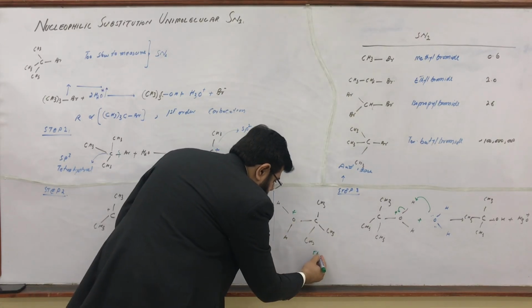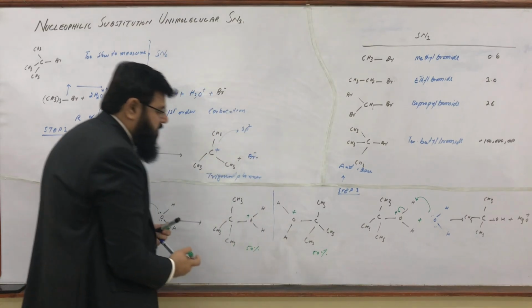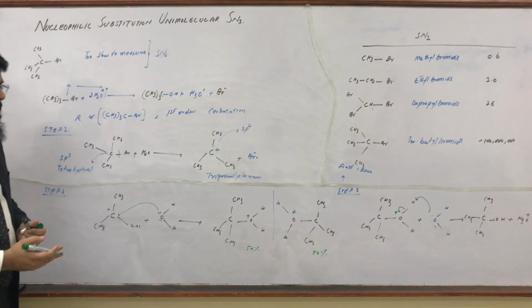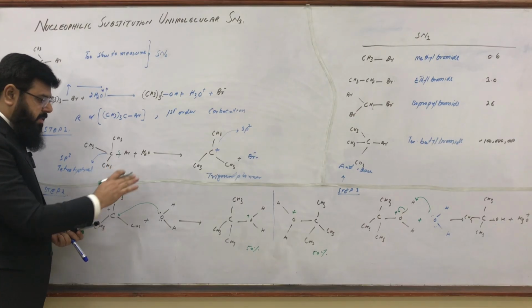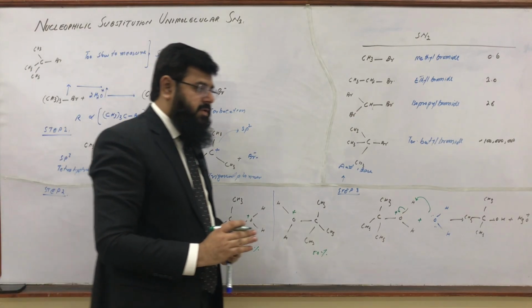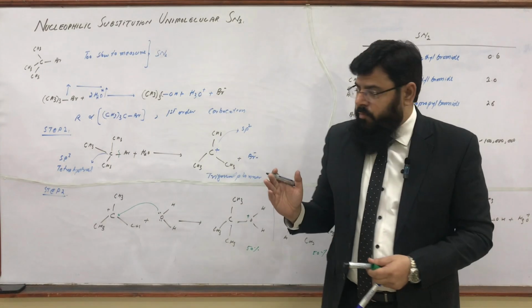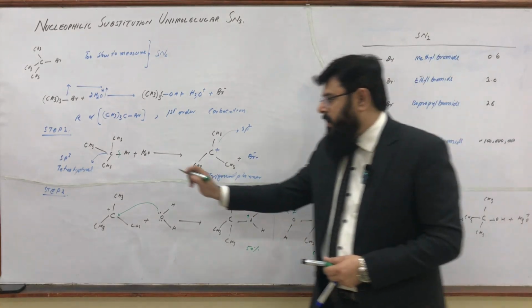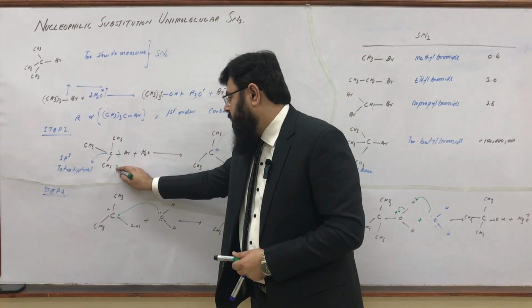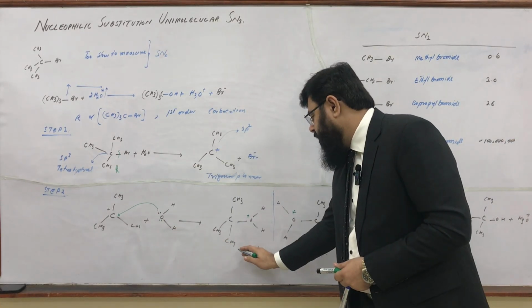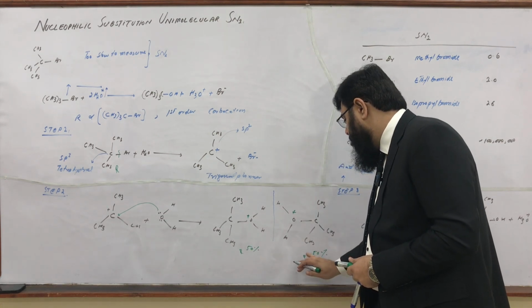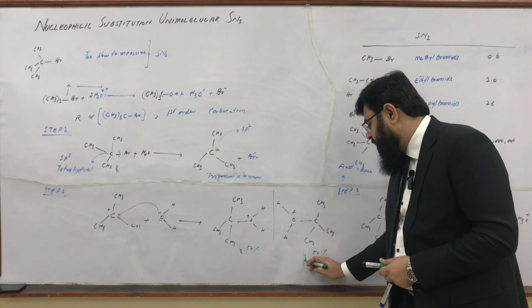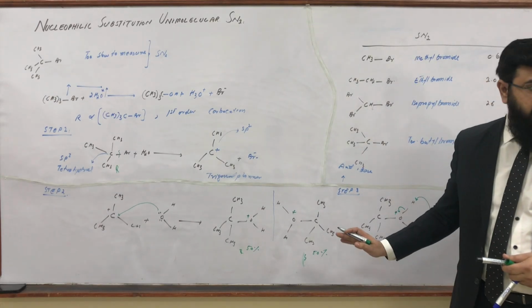This kind of species will be produced, and 50% of the second kind of species will be produced. So these reactions are not stereospecific. We obtain 50% of the molecules with R configuration and 50% of the molecules with S configuration.